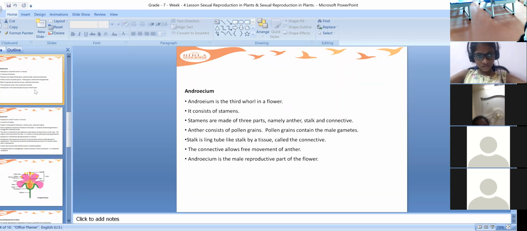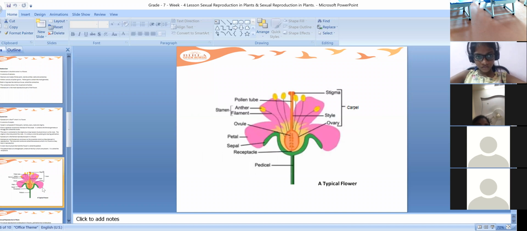Anther consists of pollen grains. Pollen grains contain male gametes. Where is the anther here? You can see in this picture. Anther is connected to the filament. It is the male part.